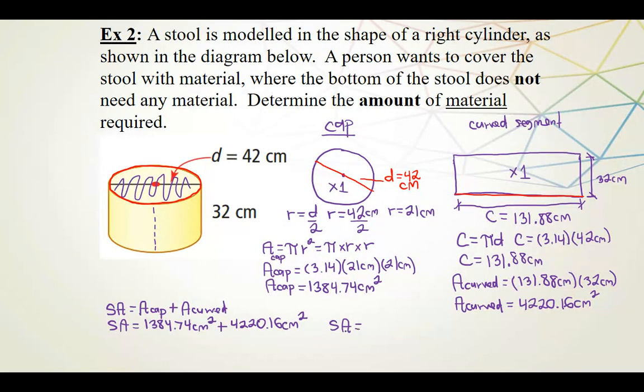If you add these two numbers together, 1384.74 plus 4,220.16, that's going to be 5,604.90, and the units are square centimeters.